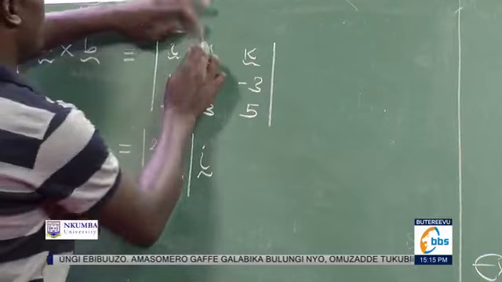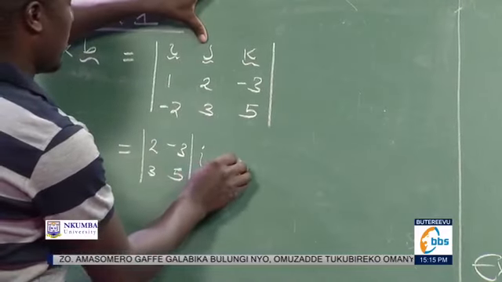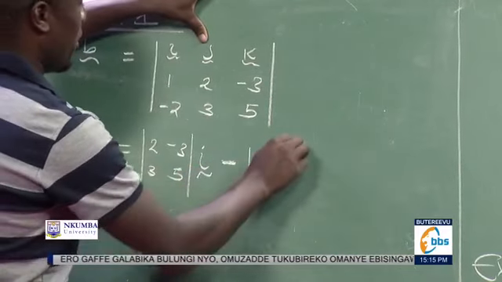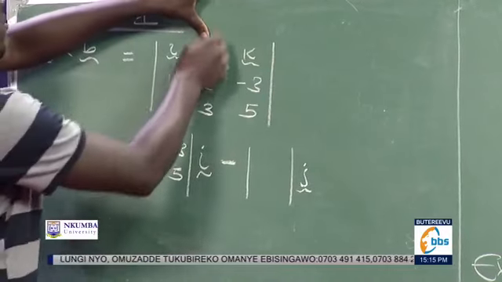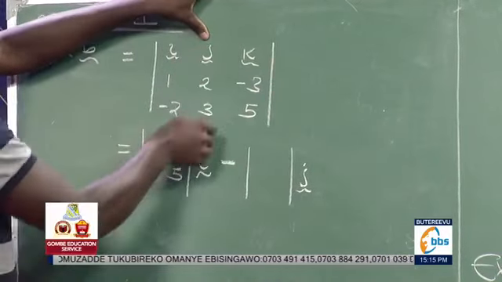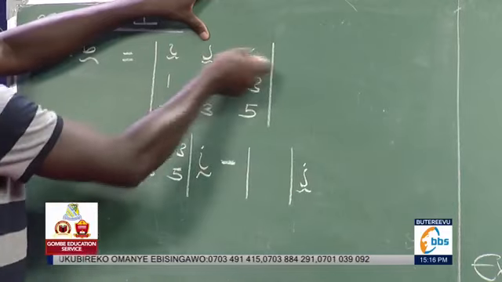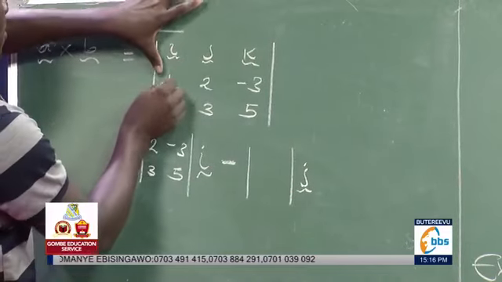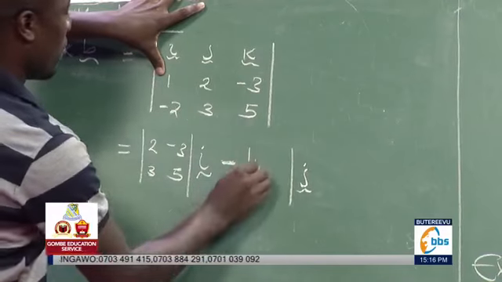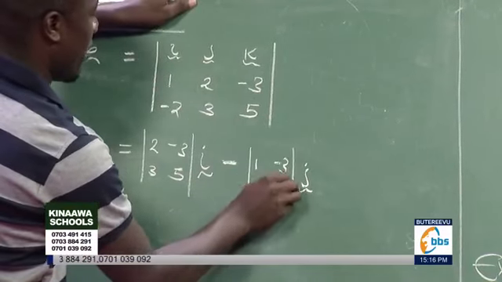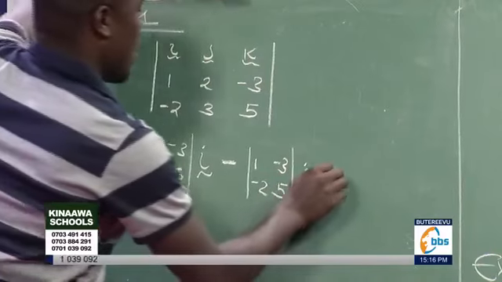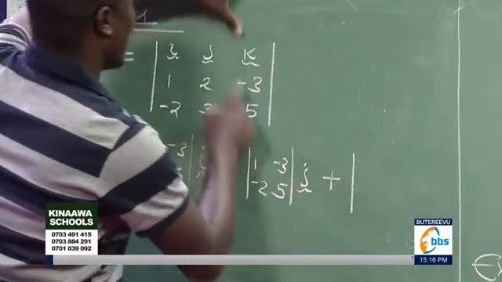Then when we come to J, you introduce a minus. What is the coefficient? What's the component in the J direction? So we remove the column containing J and the row containing J, and we remain with 1, -2, and then -3, 5. And then plus, when we come to K, it's plus.